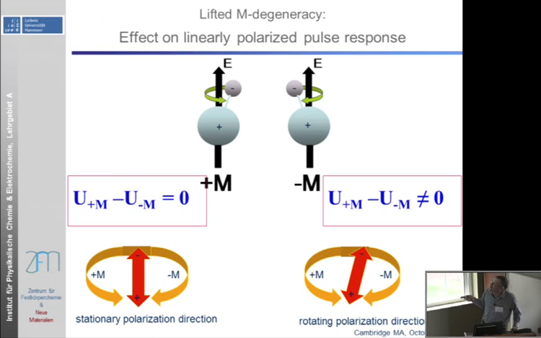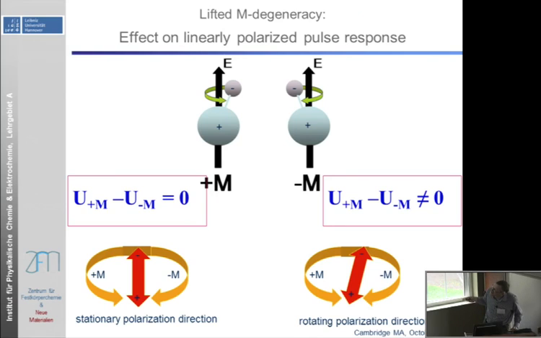What you do is you have two M states and look at them, and if the electron has a dipole moment, they're slightly different energies. So if you want to look at it this way, they rotate at a slightly different angular rate.